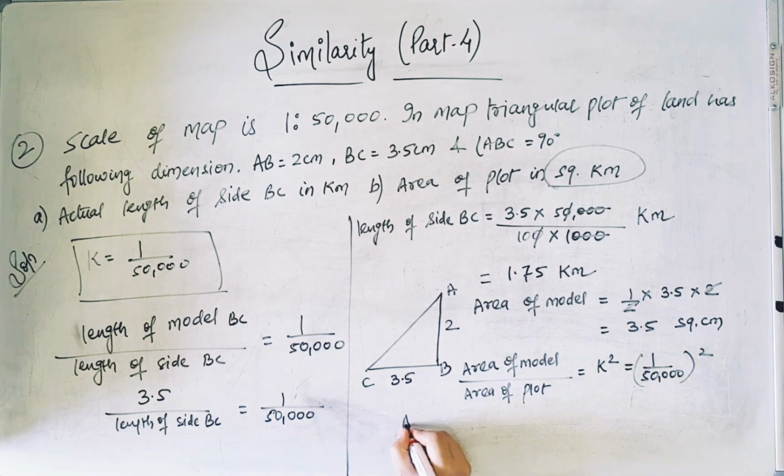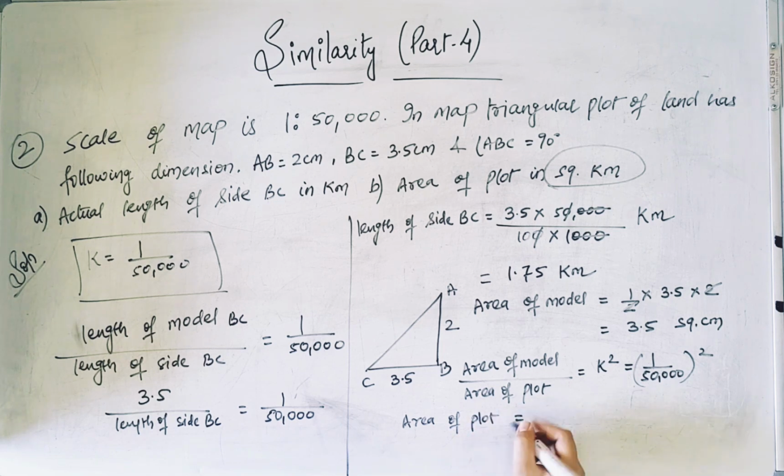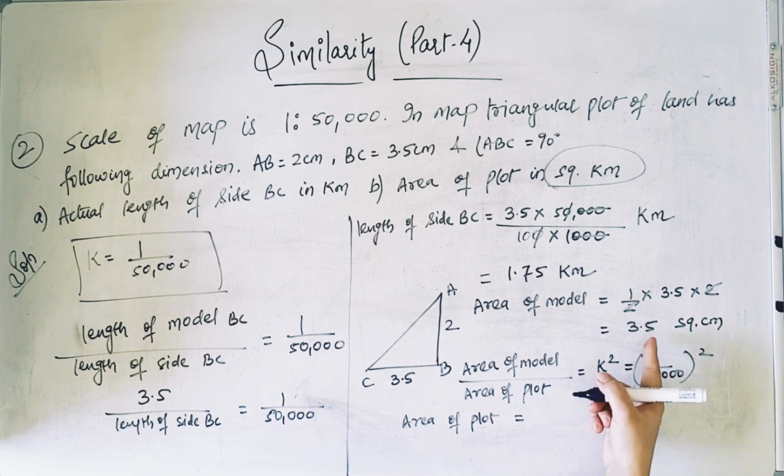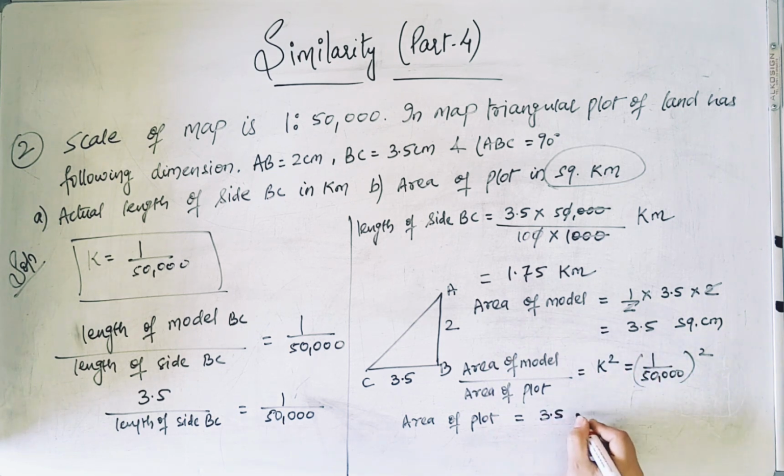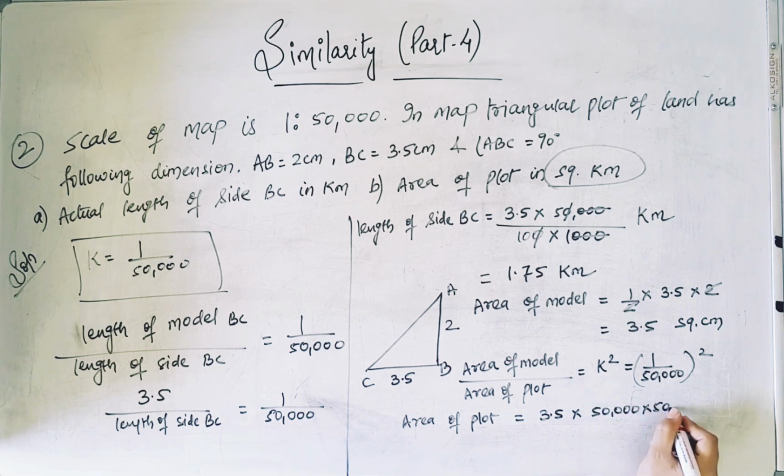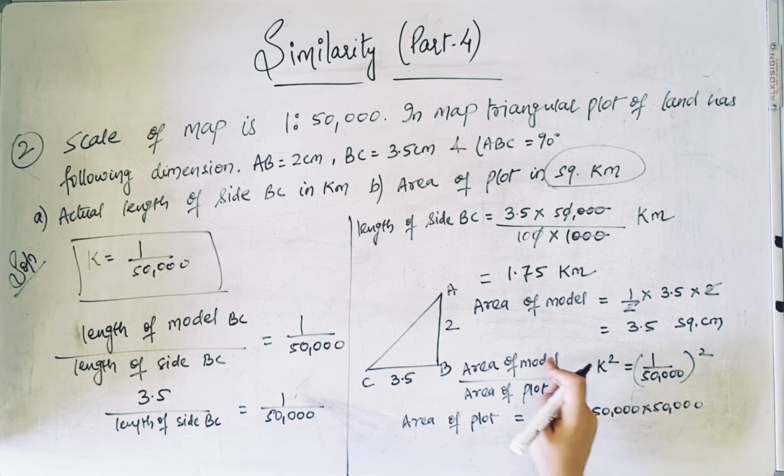Thus area of plot will be area of model into this 50,000 का square. Area of model is 3.5 into 50,000 into 50,000. ये यहाँ गया. Area of plot will come over this side.